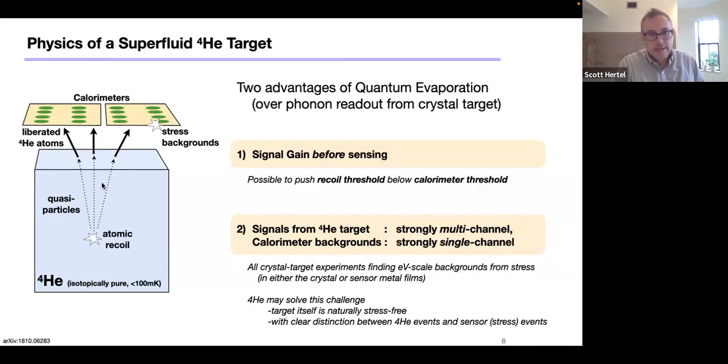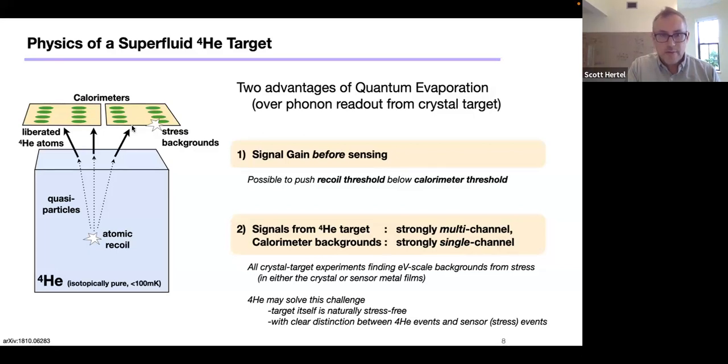Another advantage is that our signals are always going to be shared between multiple channels. The evaporation is pretty diffuse. It has a wide range of angular dispersion. So we have shared signals from helium-4, and any backgrounds that are specific to the sensor are going to be in one sensor at a time.